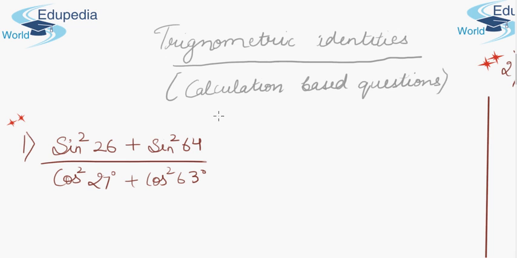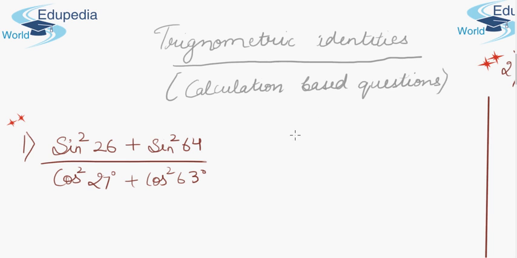But actually, by applying the identities, these questions are really very easy to solve. In fact, much of the calculation portion will be removed if we apply properly the identities and the rules of complementary angles.